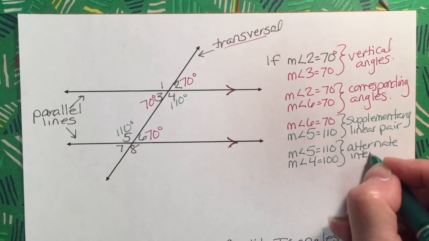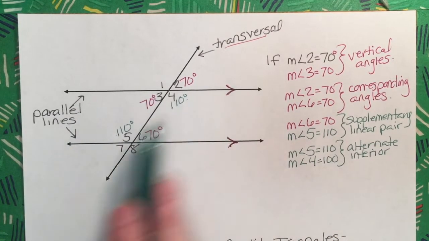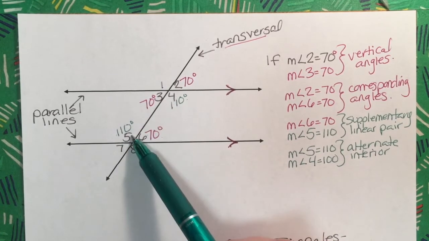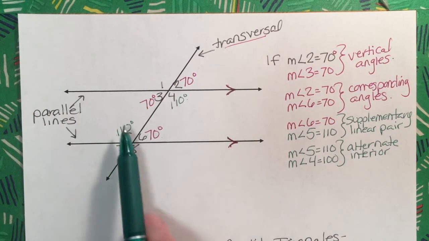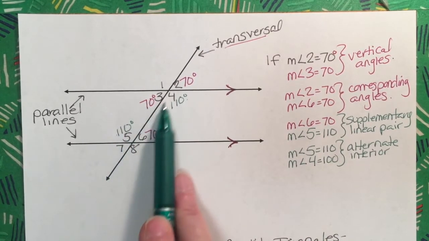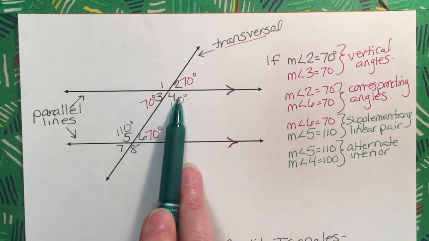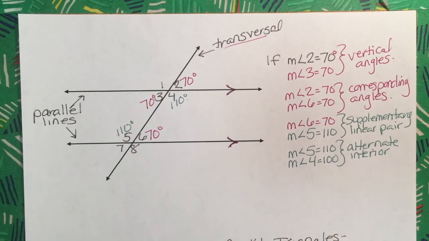Okay, interior means inside. If you think of the parallel lines as walls or borders, angle 5 and angle 4 are both inside the walls, they're inside the borders, but they alternate. They are on different sides of that transversal. Angle 5 is on the left side, and angle 4 crosses over to the right side. So those are called alternate interior angles. All right.